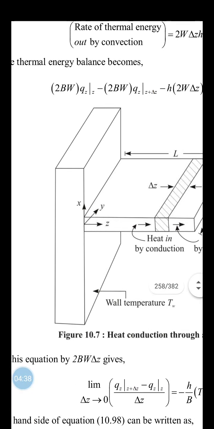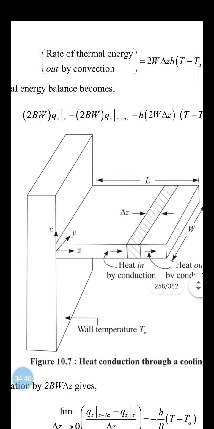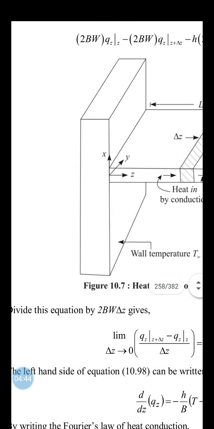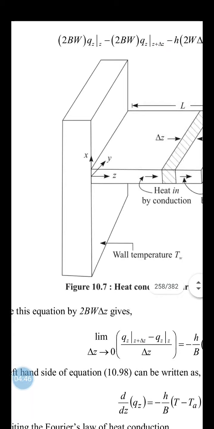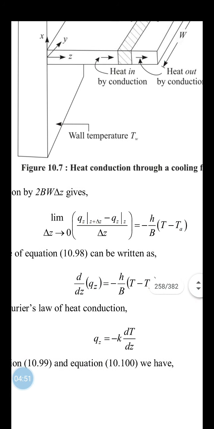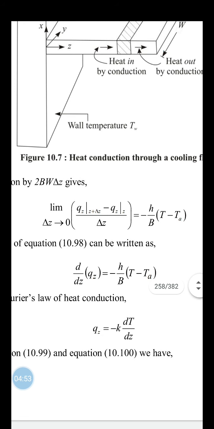Now that you have this thermal energy balance, what will be the next step? You have to divide this equation by 2bW into delta z. You will get, in the limit delta z tends to 0, (qz at z plus delta z minus qz at z) upon delta z is equal to minus h by b into (T minus Ta).